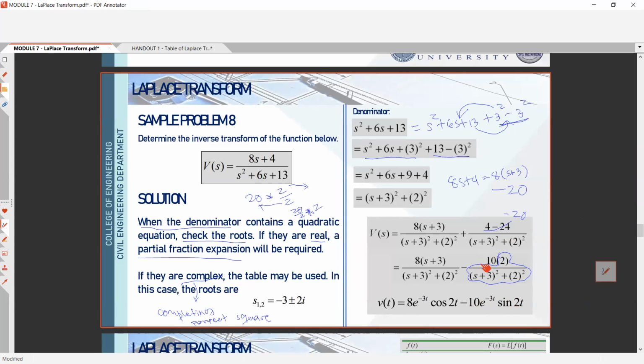Therefore, yung answer dito is negative 10, e raised to negative 3t sine of 2t. Okay? So, that is exactly our answer. So, ito na yung answer natin. Okay. Do you have questions for this class? Okay? Sige.